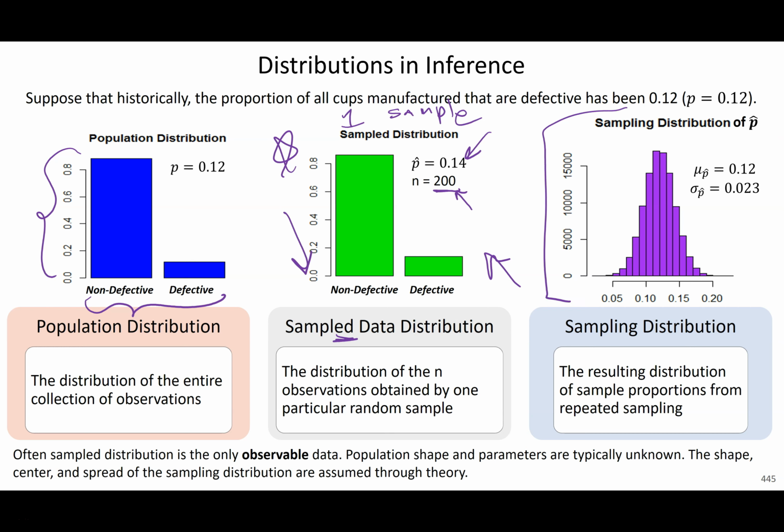Then the sampling distribution of p hat. Before, we were looking at the sampling distribution of x bar. That is, if I took every single unique sample of 200 I possibly could, and calculated the sample proportion in each one of those unique samples of 200, and took the average of all the sample proportions, I would get 0.12, which should match the population distribution.